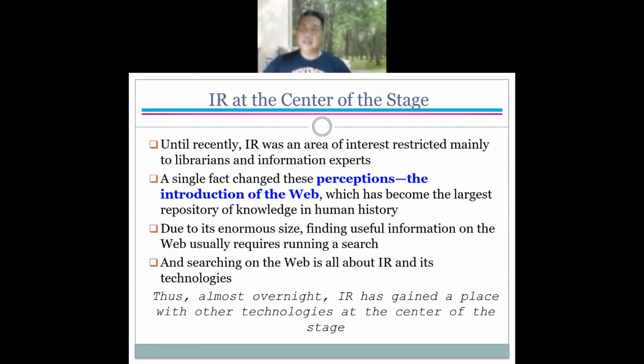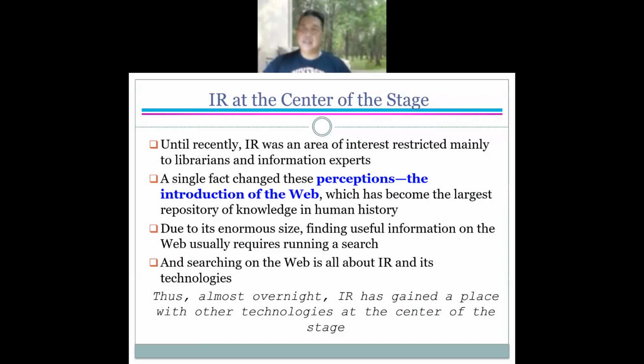Okay. Now we are looking at what IR is. What is the main issue that we are looking at in IR? Basically, we are looking at how to retrieve documents from a large amount of storage.